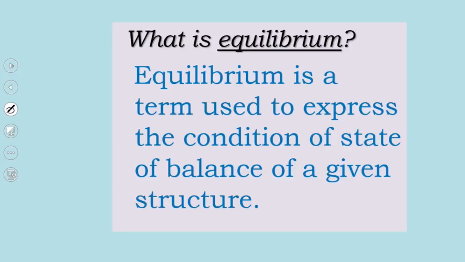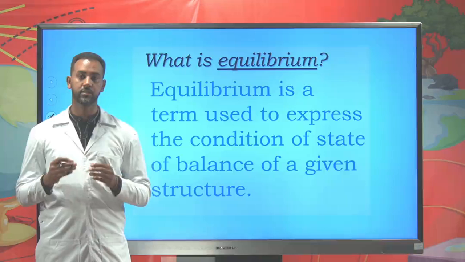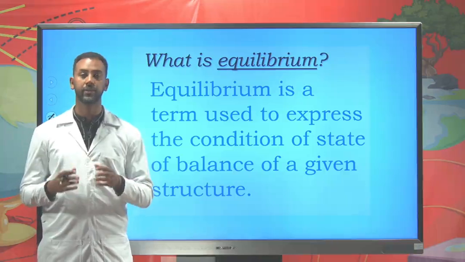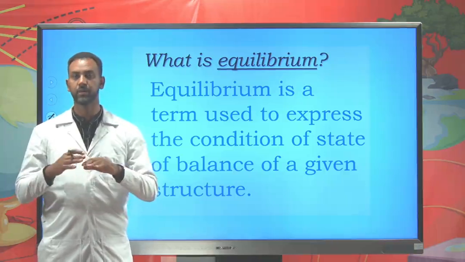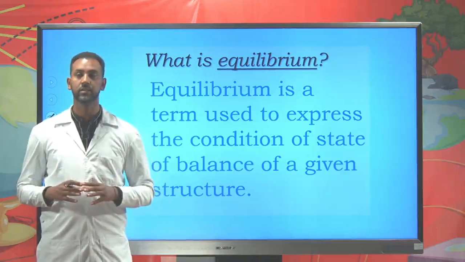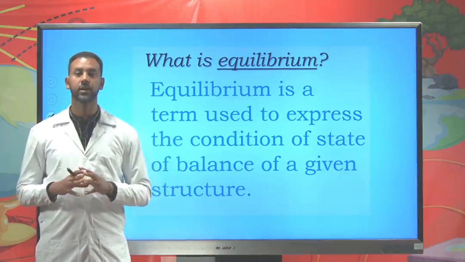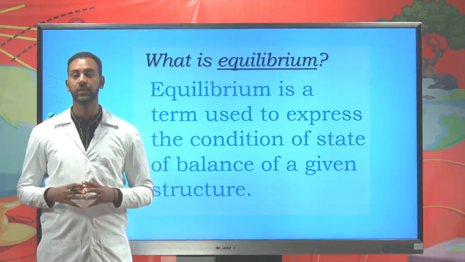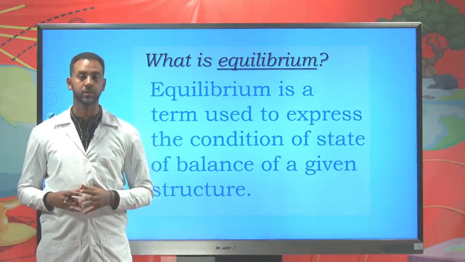Well, equilibrium in physics can be considered as the term which tells us the condition or state of balance of a given structure. It is the measure of the state of balance of a given structure. There might be a bridge given, and that bridge should be in a state of balance. That means the net force exerted on that object should be balanced so that it functions properly.